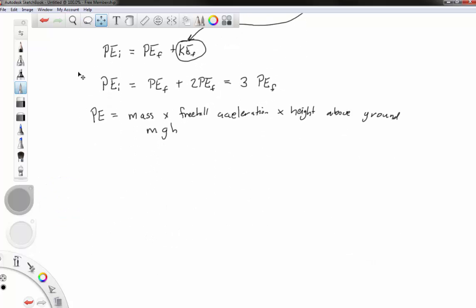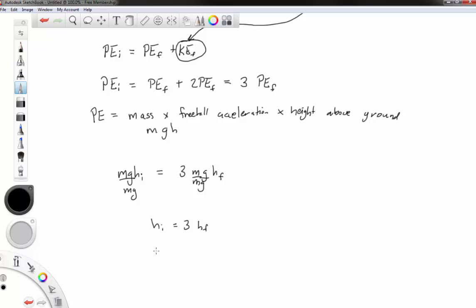Well, as I move this stuff up out of my way, what this means for us is as follows. We can put in that the mass times the free fall acceleration times the initial height is equal to 3 times the mass times the free fall acceleration times the final height. So I'm going to go ahead and divide everything in this equation by mg. So what I'm left with is that the initial height is 3 times the final height.